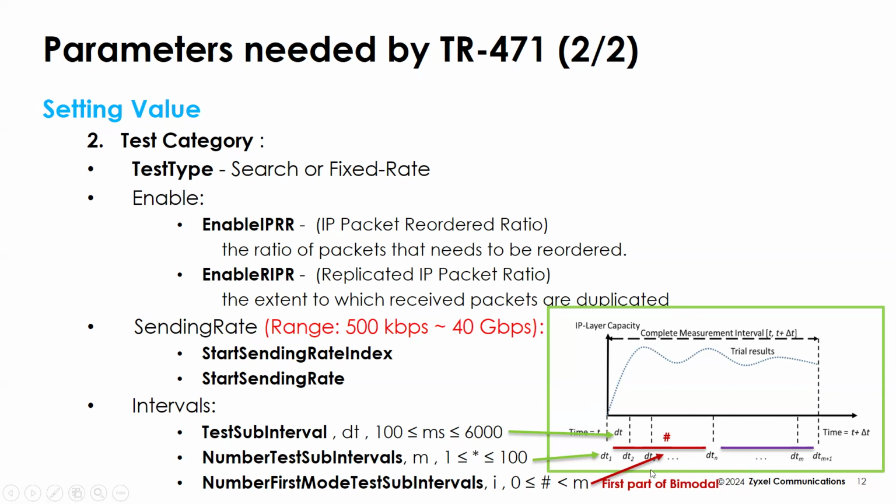The first result is for the first bimodal range, and the other one is for the second bimodal range. The range of this parameter is from 0 to n, where 0 means we disable the bimodal test on our devices. The reason it shows n is because the value n must be smaller than the value we set in the test subject interval.